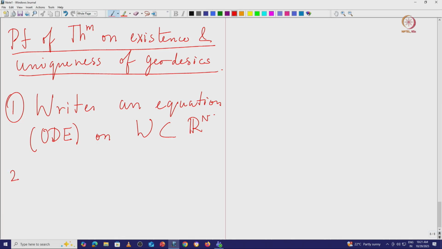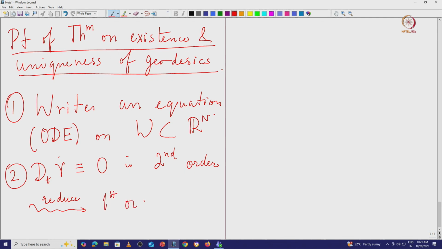And the second point is the geodesic equation is second order. So, in order to use the theorem, I need to reduce this to a first order equation. This is a common trick that you must have learnt in your ODE class. So, let us address the first issue now.